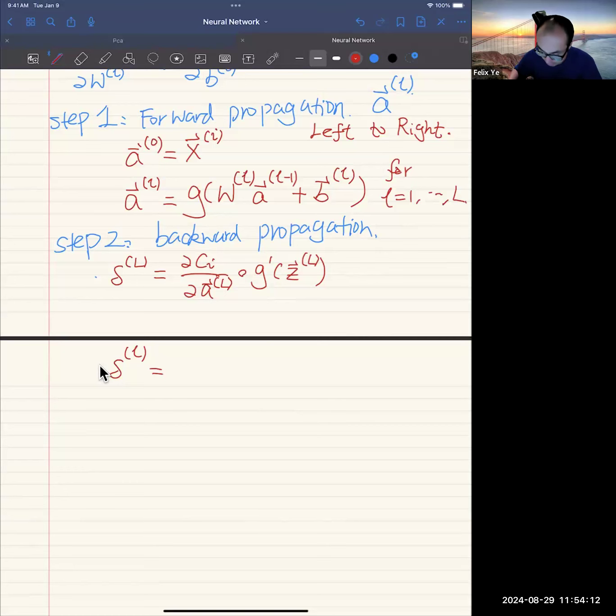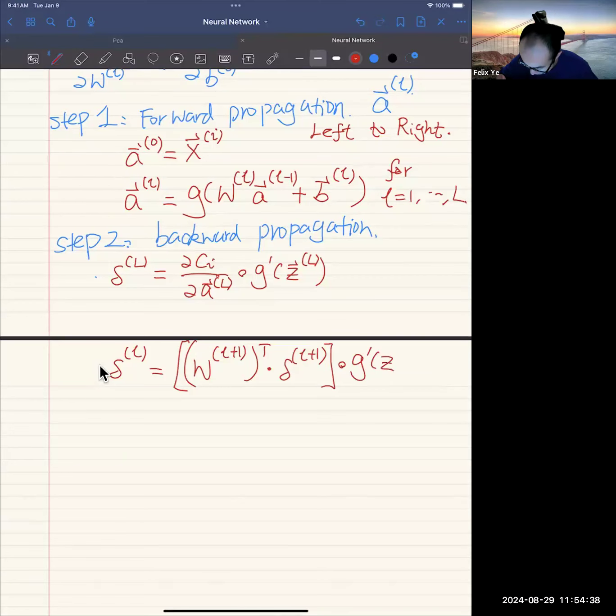So it's right to left: W_{L+1} transpose times delta_{L+1}, entry-wise product with g prime of Z_L. So this L has to go from L minus 1 down to 1, and everything is from right to left.